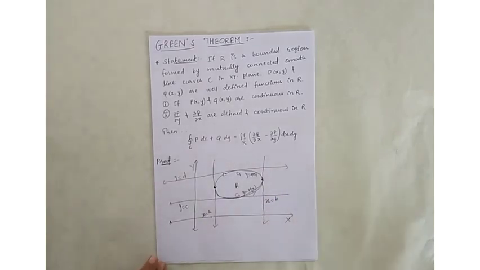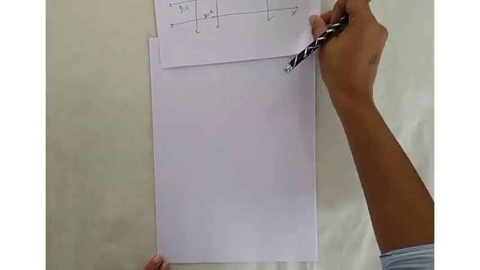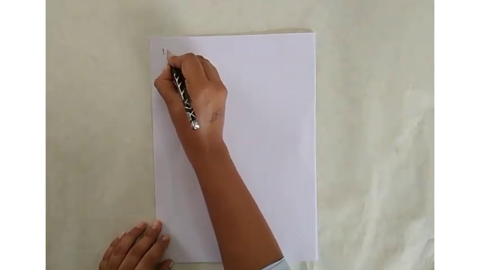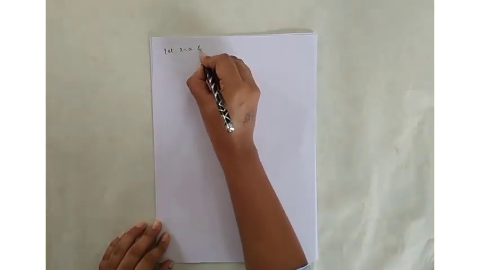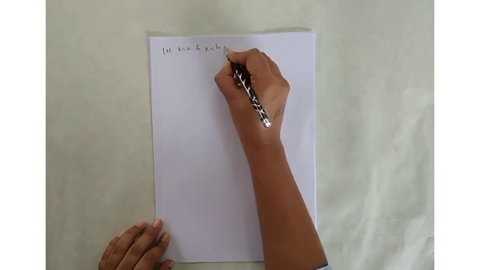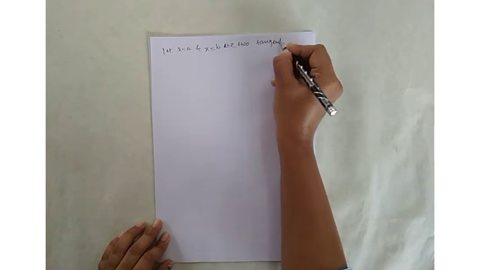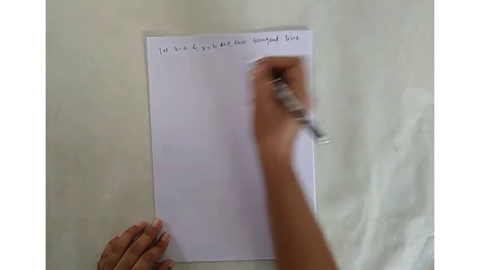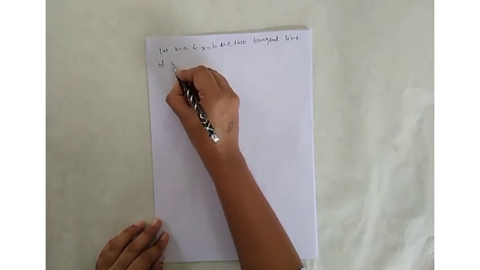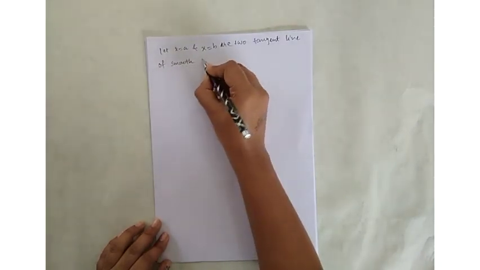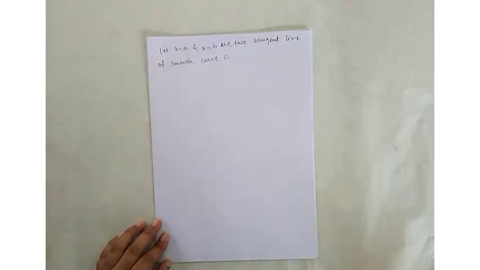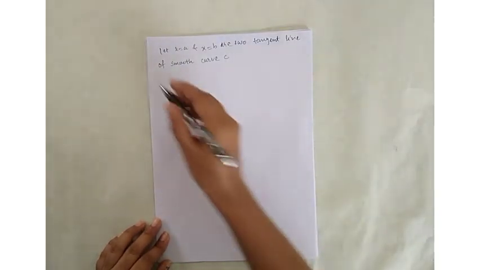So this is the sketch and the region. Next, let x equals a and x equals b be two tangent lines of the smooth curve C, and C1 and C2 are two parts of the curve C.